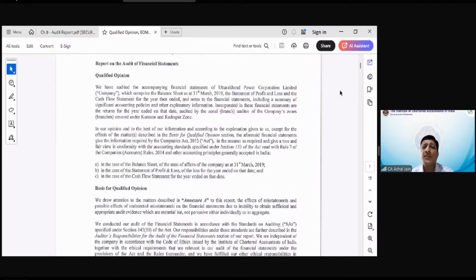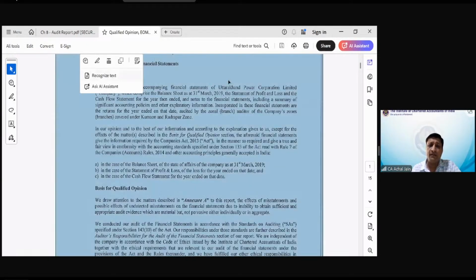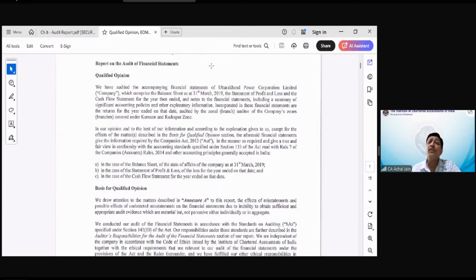Audit report starts with the opinion. But if the opinion is not clean, modified, and what type of modification is that? Qualified. So what is going to be the wording and the header? It will be qualified opinion. Okay, so without reading the opinion, user will immediately get to know that the report contains qualified opinion.